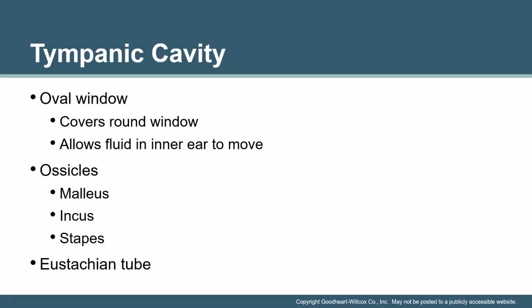Then again, I mentioned the eustachian tube, which will connect this middle ear or tympanic cavity to the pharynx. Yawning widely will help balance the pressure between these areas, okay, the tympanic cavity and the pharynx. That is one reason why, if you're on a plane, you might need to yawn. You need to be able to balance that inner ear pressure.